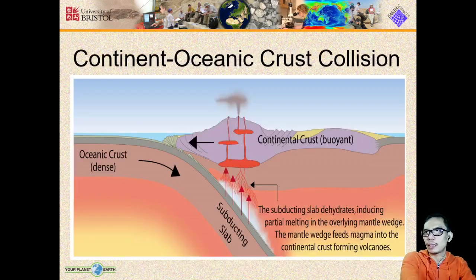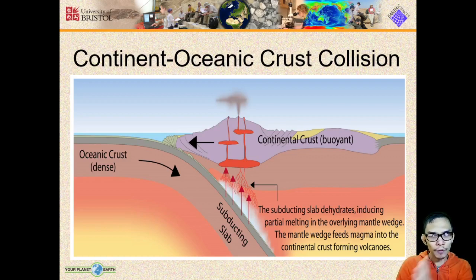The next style of collision is called the continent-oceanic crust collision. This is much more complicated than the first one, the continent-to-continent, because there is a geologic structure that is formed here.